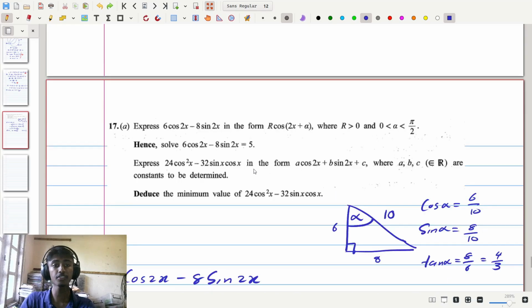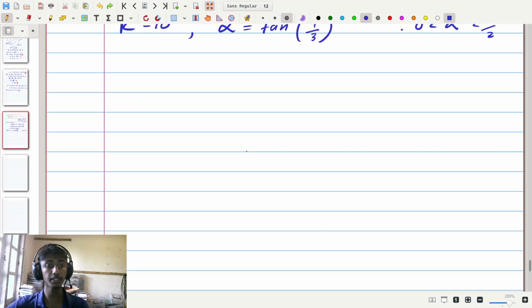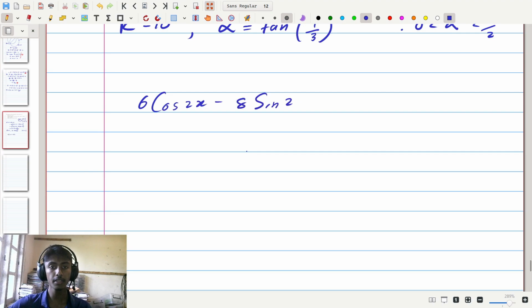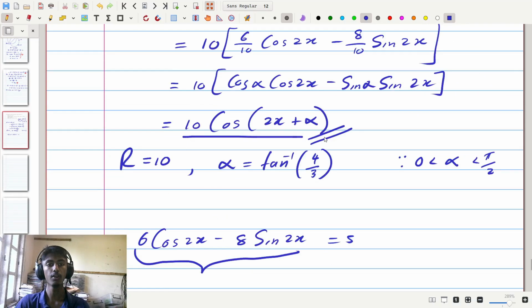Now, after that, the question says, hence solve 6 times cosine of 2x minus 8 times sine of 2x equals 5. Now for this, we can first write 6 cosine of 2x minus 8 sine of 2x equals 5. Now after this, using what we know, we can substitute this expression that we had over here instead for this expression.